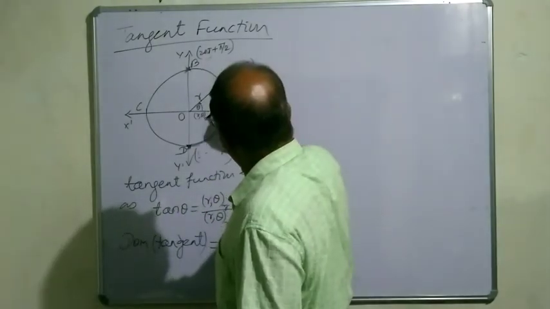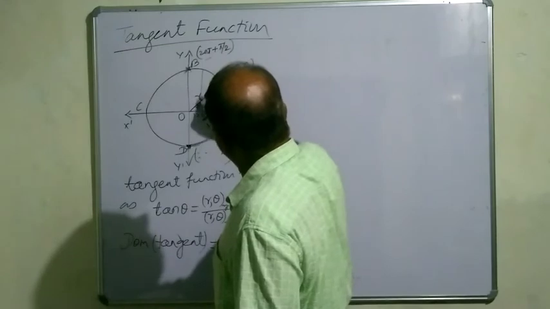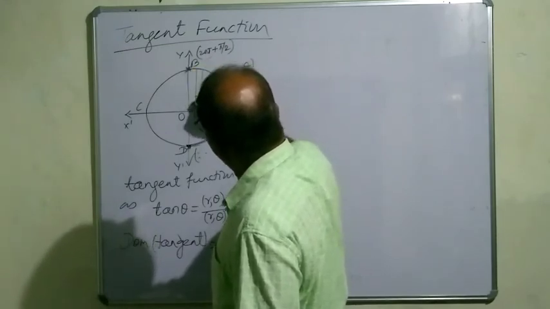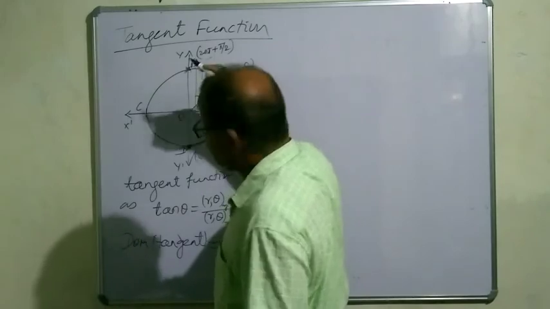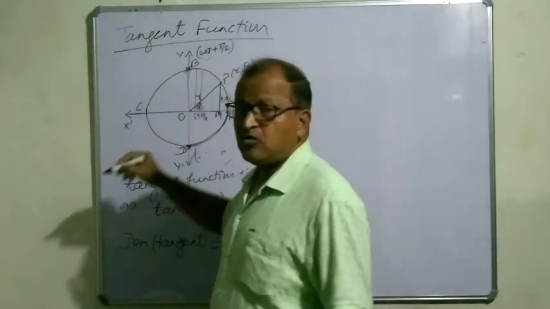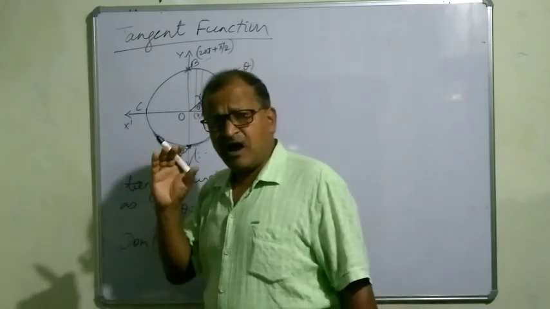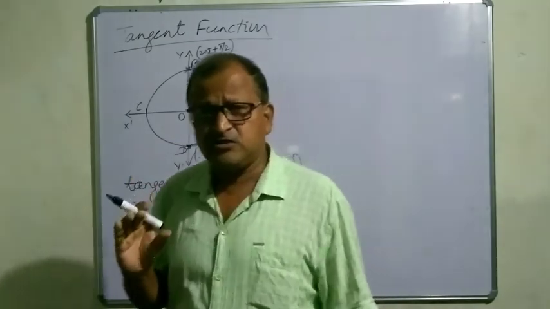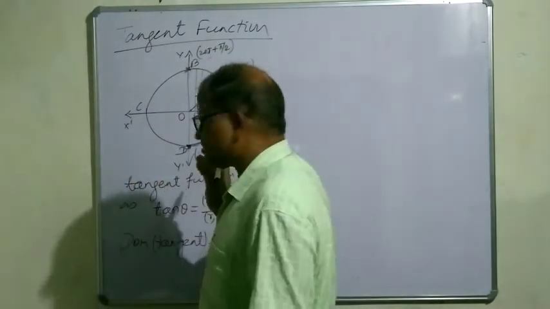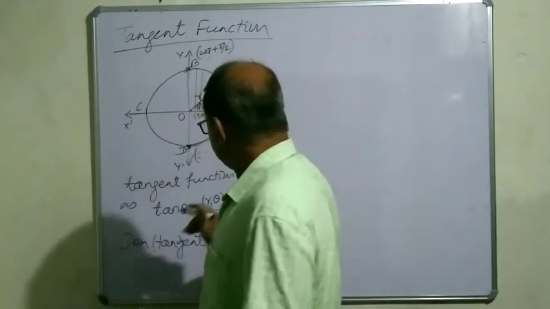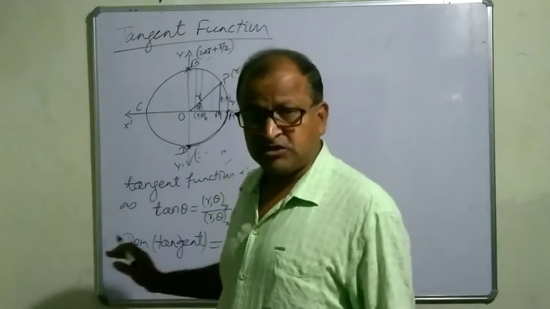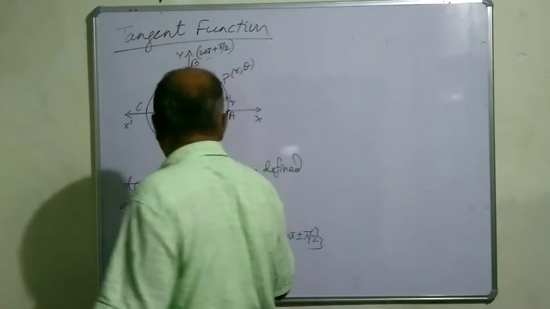Here you see r sin theta is increasing, r cos theta is decreasing, and while r cos theta is very near to 0, r sin theta is very near to r, and r in comparison to r cos theta is a very big number, where r cos theta is very near to 0, so the ratio becomes infinite.